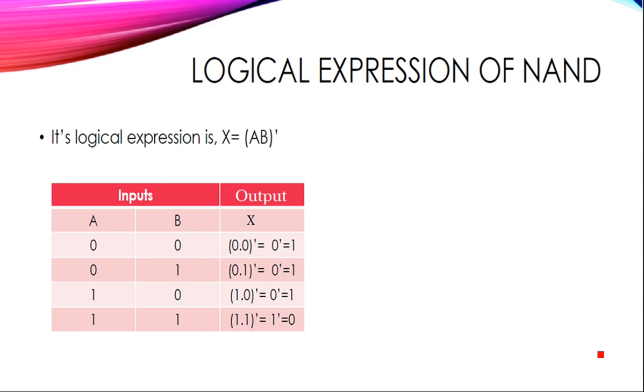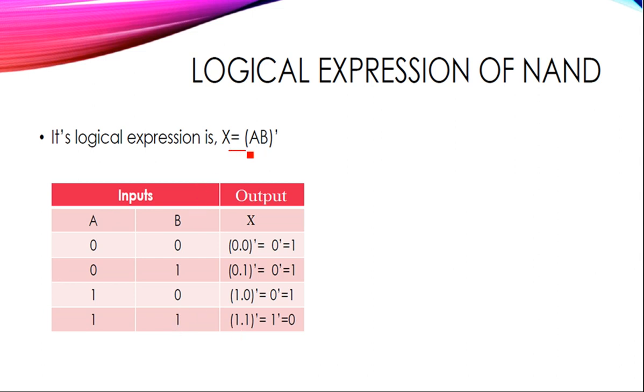The logical expression. So already I told that NAND is the complement of the AND gate. So we know the AND gate expression, that is x equal to AB. So the NAND expression is x equal to AB whole bar. So that one you can see here.